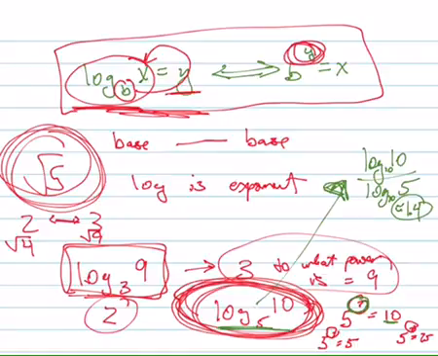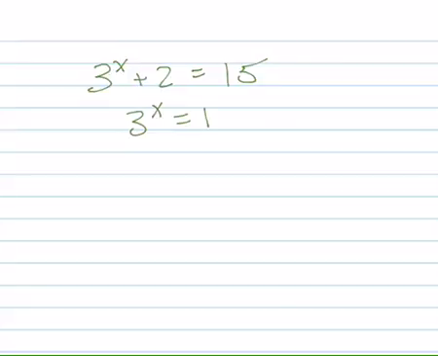So logarithms were created so you could solve problems like this. 3 to the x plus 2 equals 15. Because before you learned logarithms, to solve a problem like this, you would have to do this. 3 to the x equals 13.